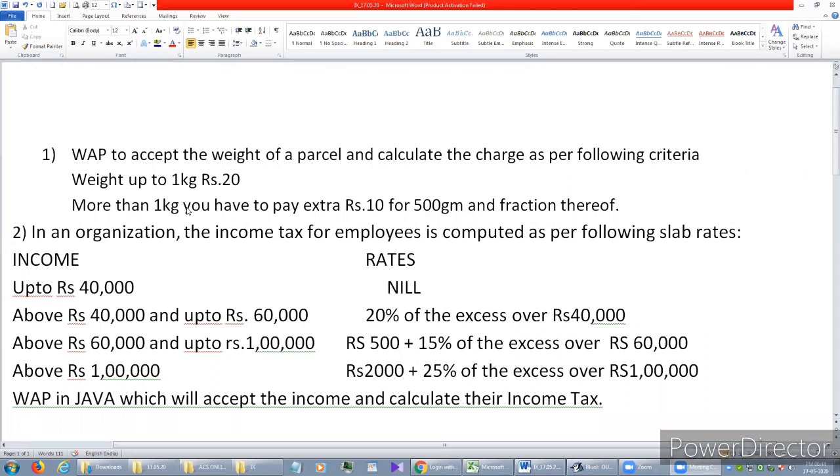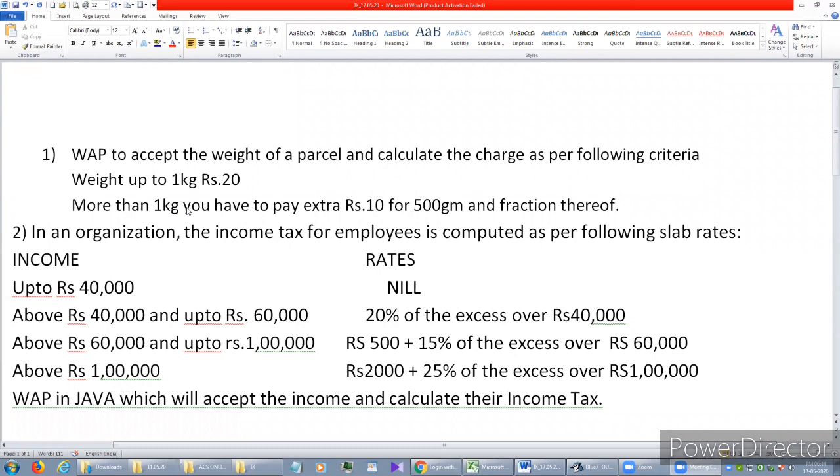But after that comes 500 gram and fraction thereof. What is the rest weight? Rest weight is 501 gram. So up to 500 and fraction thereof you have to pay 10, and for 1 gram more you have to pay 10 more, so total 40.